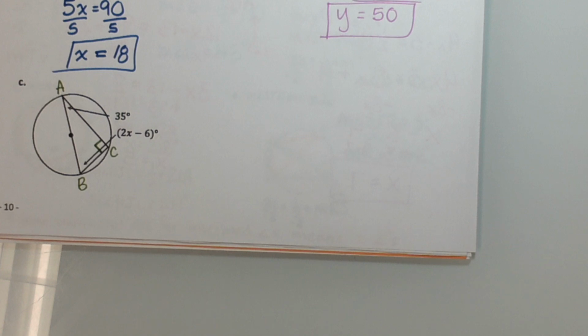Ooh, but is that 2x minus 6 pointing to the 90-degree angle? It's pointed to one from across. I thought it was pointed to that one. I kind of figured that's where you did. So take a minute to regroup. How can we solve for X?